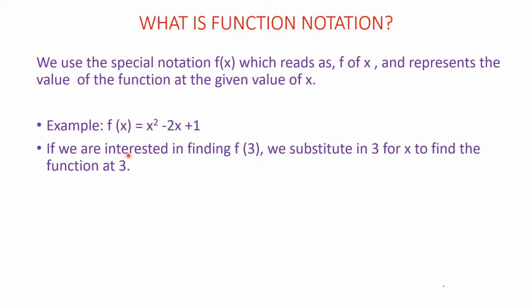If we are interested in finding f of 3, then we plug in 3 instead of x to find the value at 3. So f of 3 is equal to 3 squared, which is 9, minus 2 times 3, which is 6, plus 1. If we add up, 9 minus 6 equals 3, plus 1 equals 4.